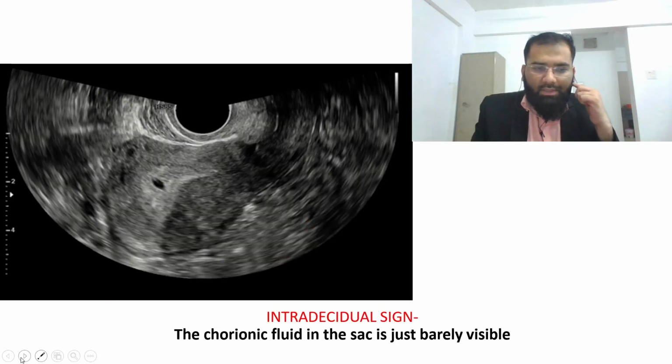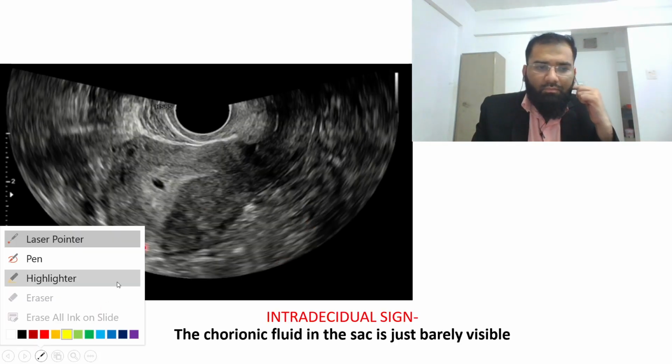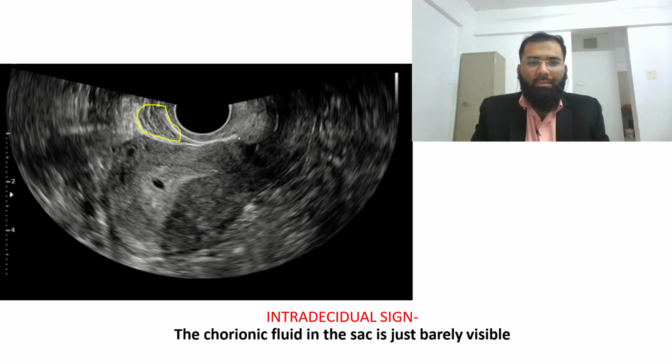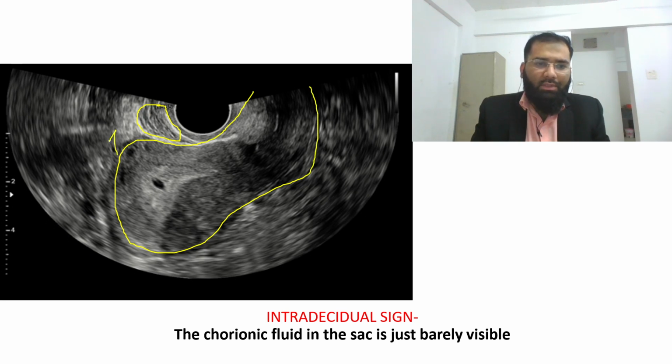So now let us see this. This is a transvaginal scan. You see, this is the urinary bladder, which is empty. Now look at this. This is the uterus, an anteverted uterus.